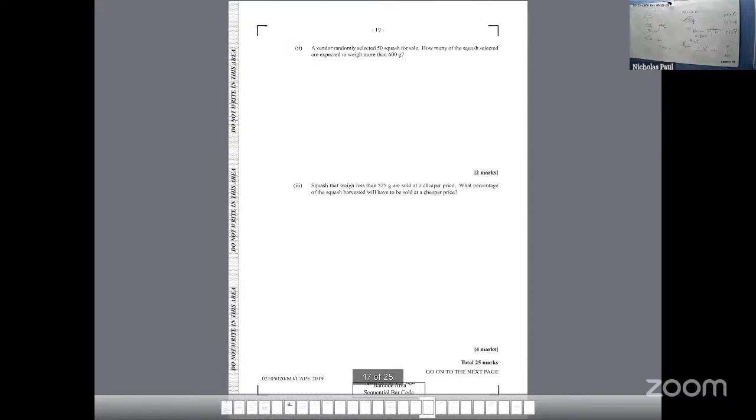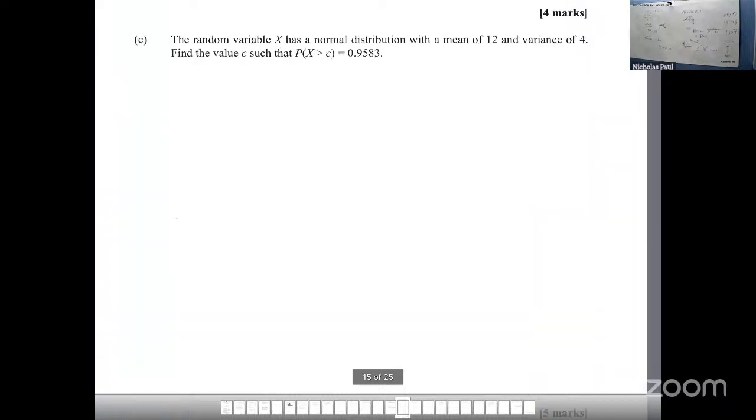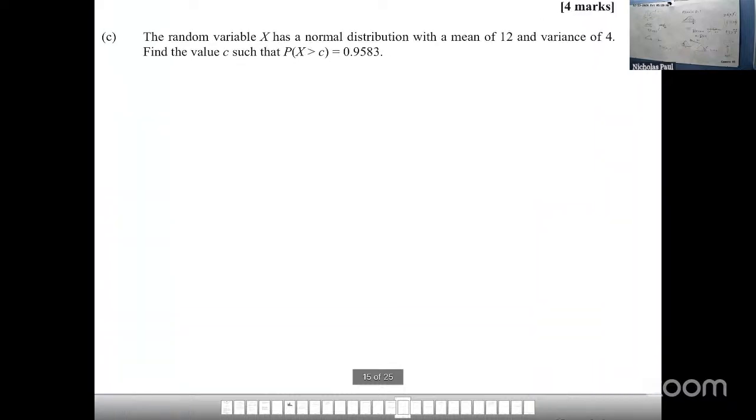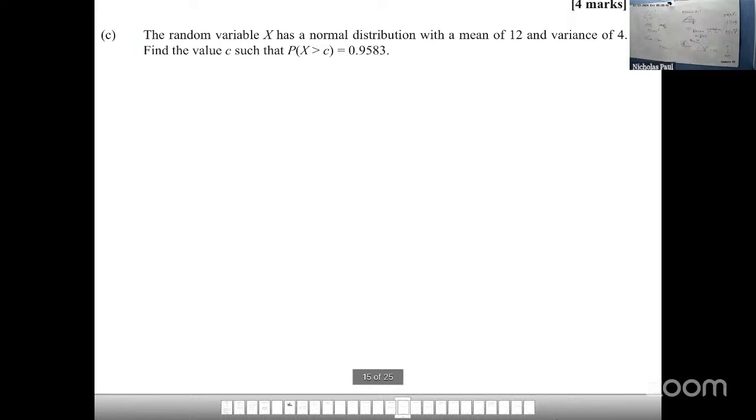We should be able to handle this part here. I'm not seeing any approximations or anything. So let's try part C. Take a little read.